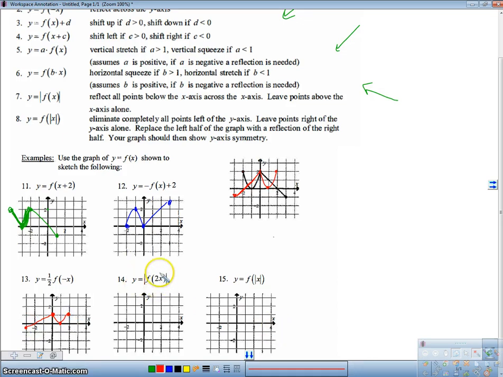Alright, so the 2 here is going to horizontally shrink it. So we have a horizontal shrink. So instead of it being at -2 here, it's going to be at -1. Instead of this being at 3, it's going to be at 3/2. And instead of being at 1, it's going to be at 1/2. Then this absolute value takes anything that is underneath the x-axis and flips it up.